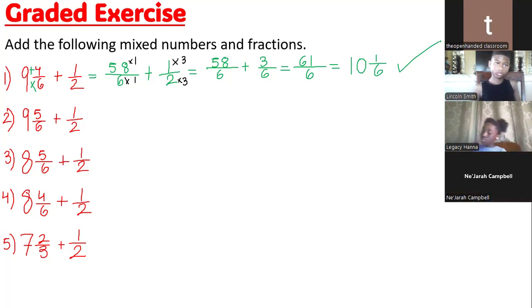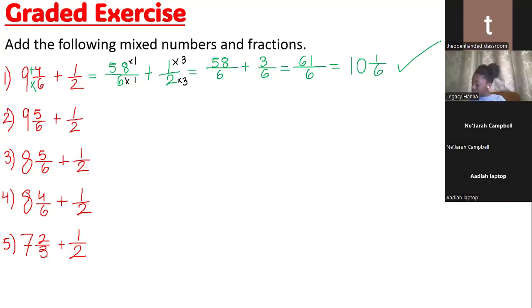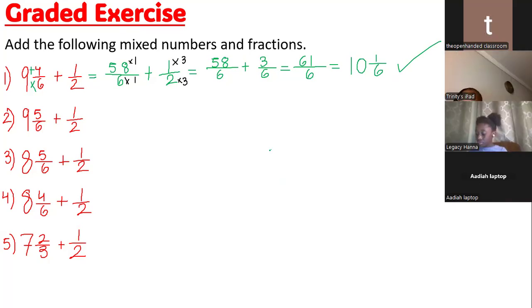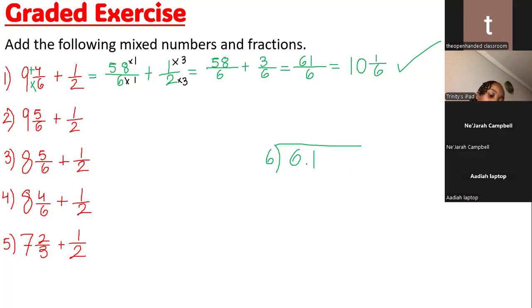I got 9 and 1 over 6. All right, let's go ahead and divide it. How many times does 6 go into 61? 10 times, leaving a remainder.